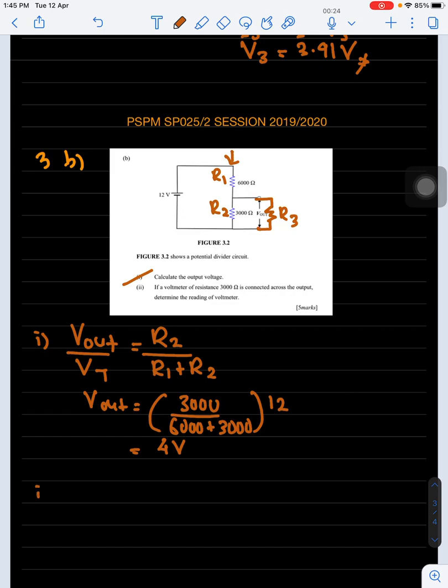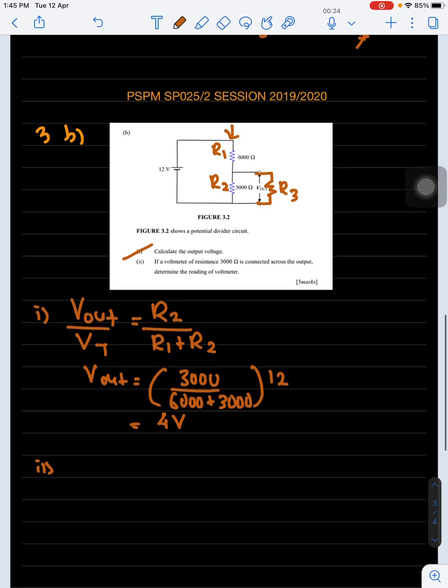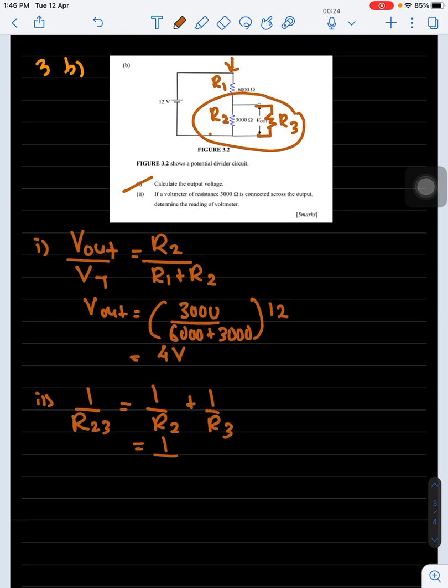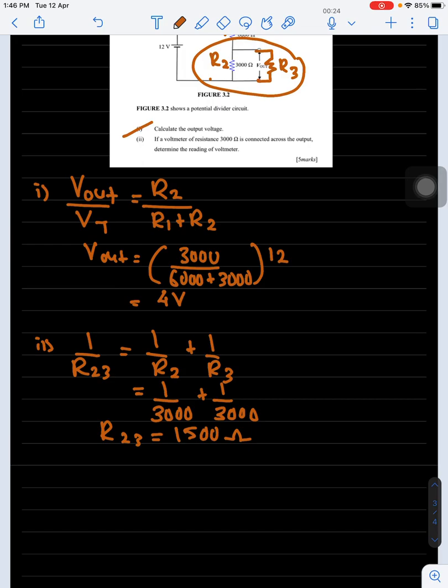So for the second question, we solve this one first. Okay, R2 and R3 are connected in parallel, meaning that 1 over R23 equals 1 over R2 plus 1 over R3. So R2 is 3000 ohm, R3 is 3000 ohm. So R23 is equal to 1500 ohm. The same procedure as we did in number 1.